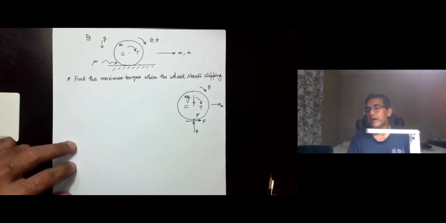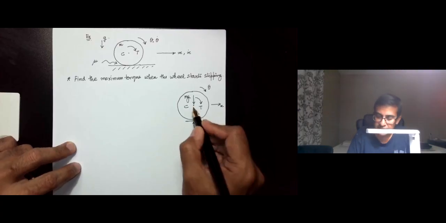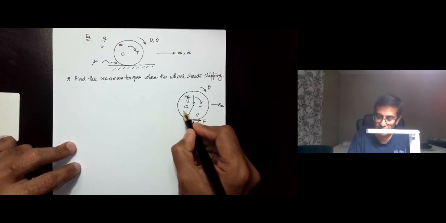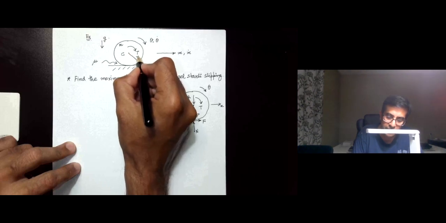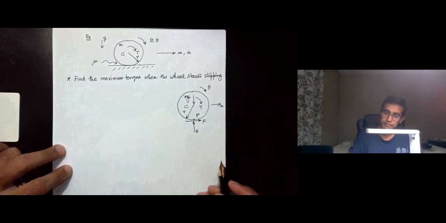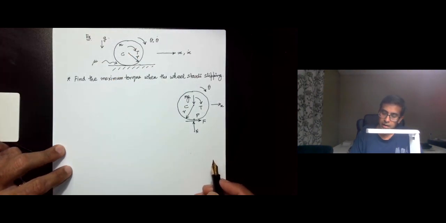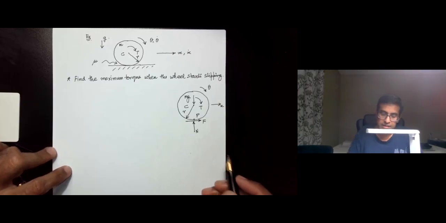So this is the set of forces, and let's say that the radius of this wheel is R. I forgot to mention that here. So the radius is R, and we'll consider the wheel to be a disk.